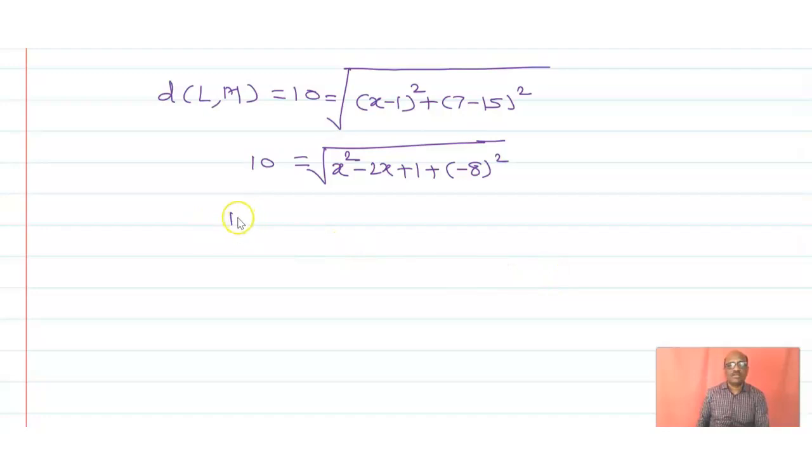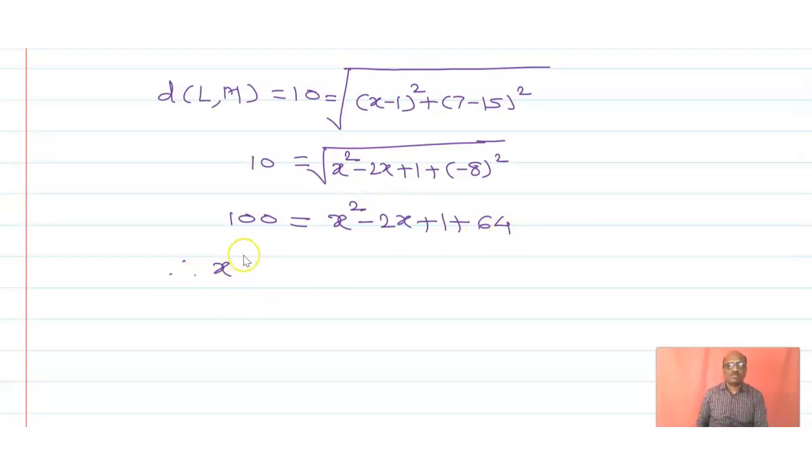Then you will get 10 square is 100, and here x square minus 2x plus 1 plus 64.